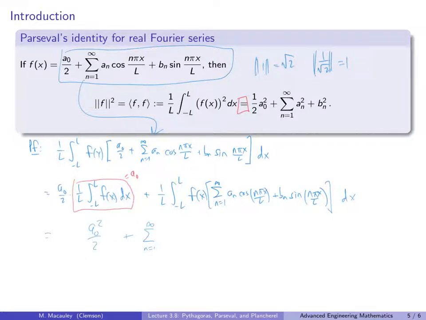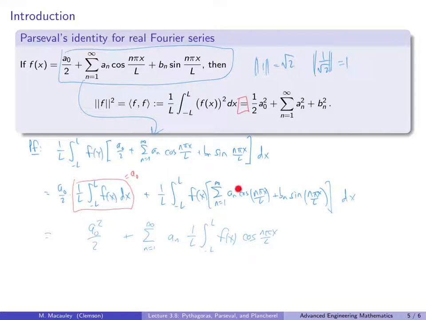I can't pull out this and just, well, let's see, how do I want to do this? Yeah, I'm going to write this as an times 1 over L times the integral from negative L to L of f of x cosine of n pi x over L. So again, I move the integral inside.